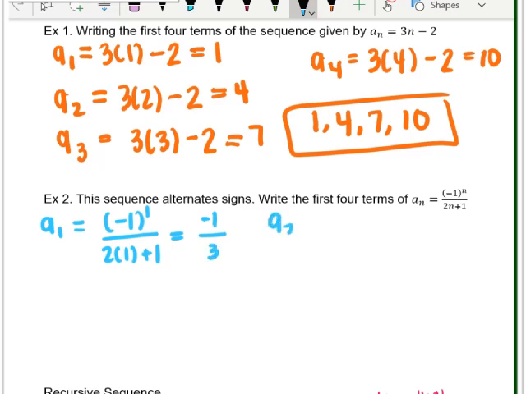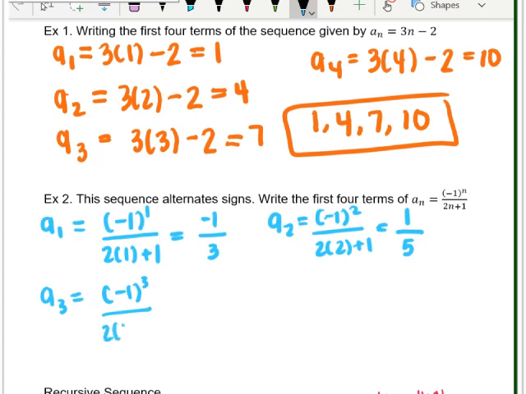Okay, then A2, plugging in 2. So -1 squared is 1 over 2 times 2 plus 1. So that's 5. Okay, then A3, that's plugging in 3. That's going to be -1 to the third, that's a -1. And then on the bottom here we have 7.